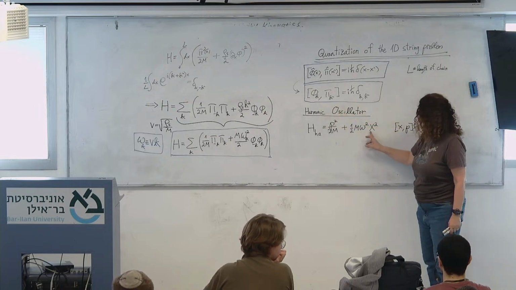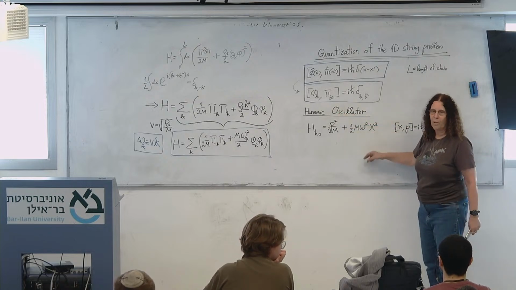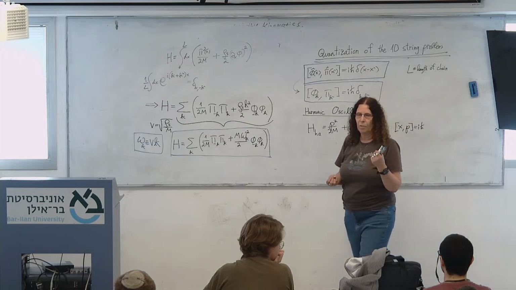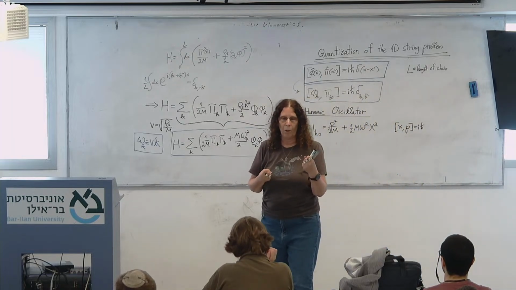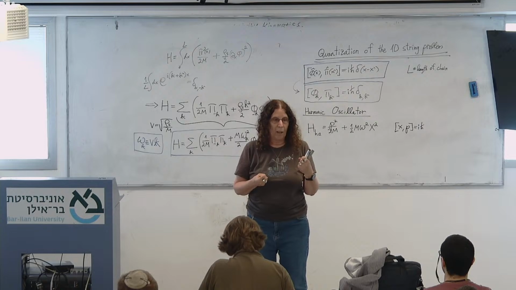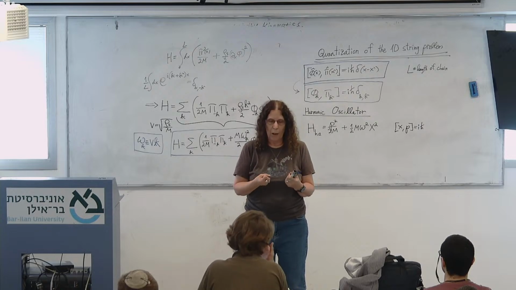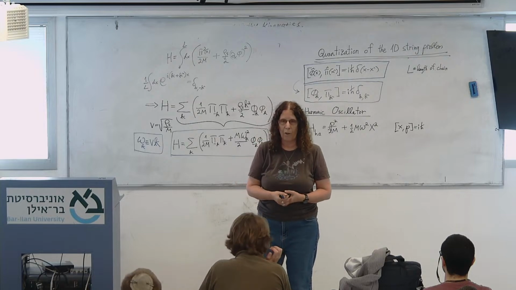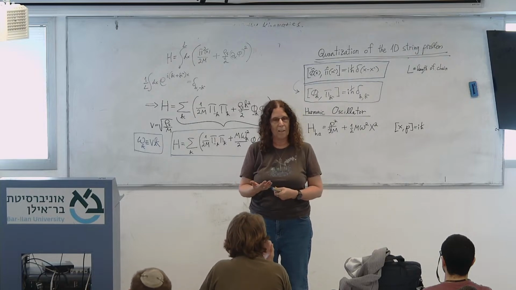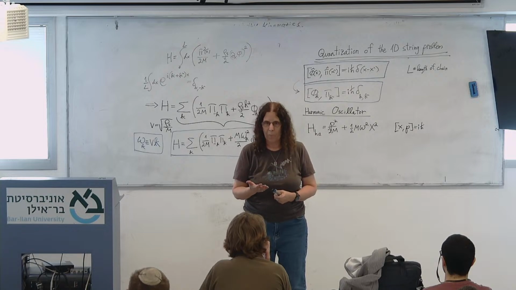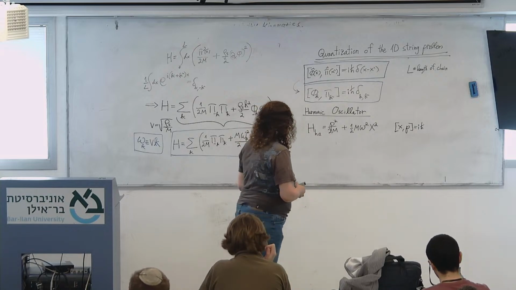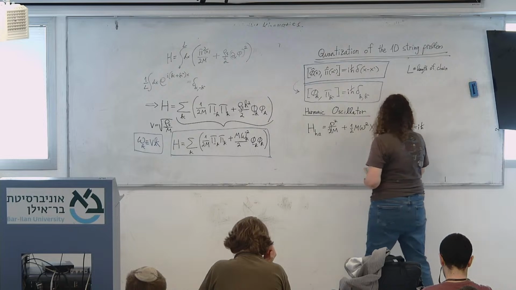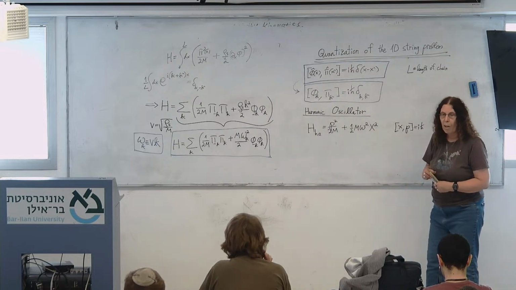What do we know about the coordinate and momentum operator of a single harmonic oscillator? They really describe physical quantities, right? Measurable quantities, and therefore, what kind of operators are they? Hermitian. They are Hermitian. X dagger equals x, and the same for p.